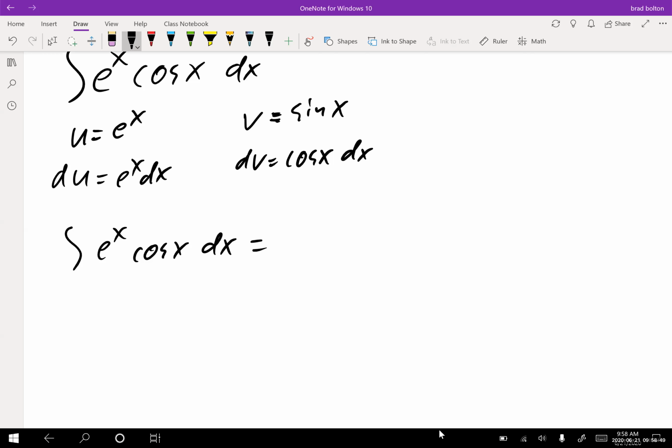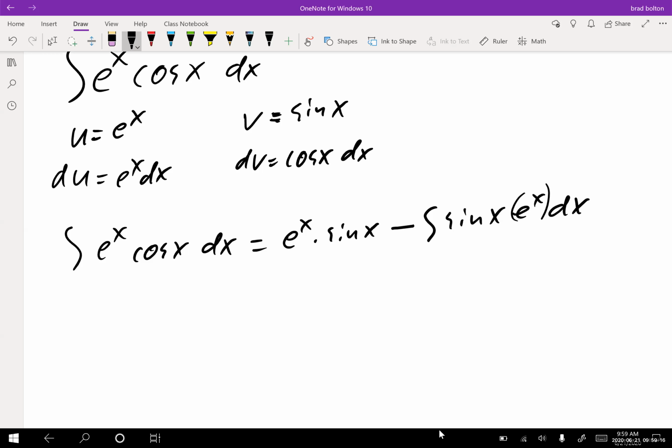Now we've rewritten this in terms of u and v. So this is going to be equal to uv, so e to the x times sine x, minus the integral of v du. Let me put it like that so everybody knows.